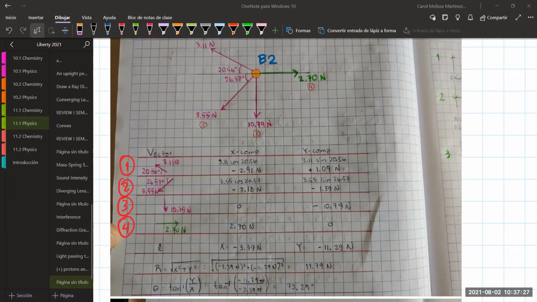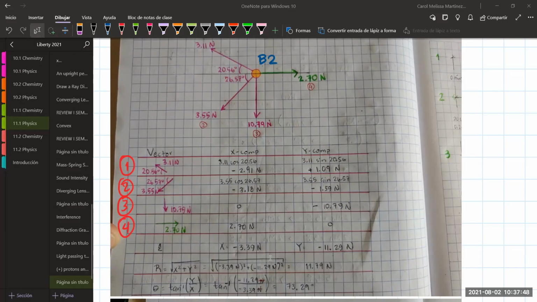Now, in the resultant calculation, you apply the formula, then you get the square root of your answer, and you get to be 11.79. To know if you did it right, you have to see that this number must be bigger than x and y.